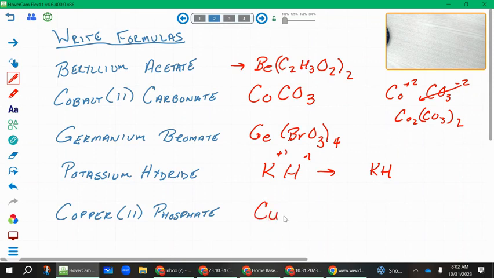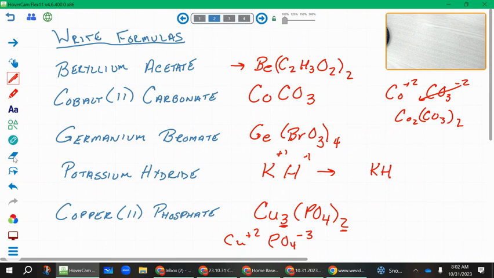Cu3 in parentheses, PO4 out of parentheses 2. Perfect. Okay. Copper, Cu, and it's a +2. Phosphate, PO4, and it's a -3. So that's where we get the 3 here and the 2 here from, ladies and gentlemen. Good. Questions? Any at all?